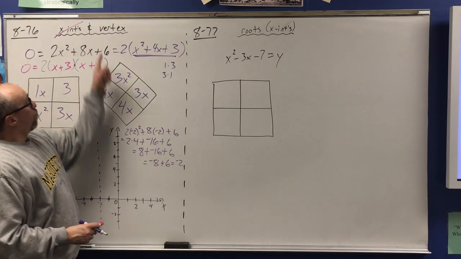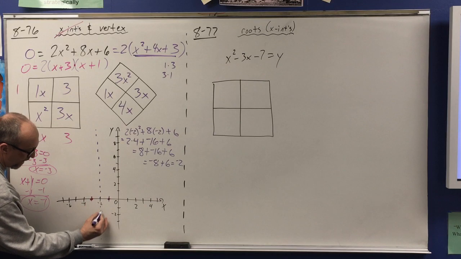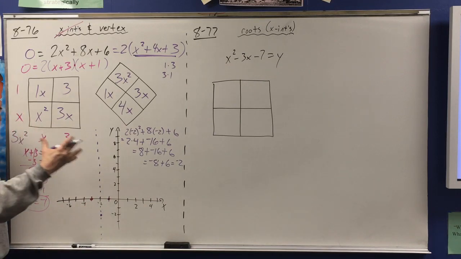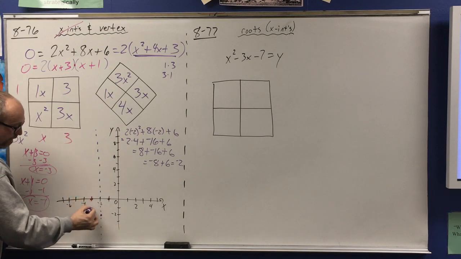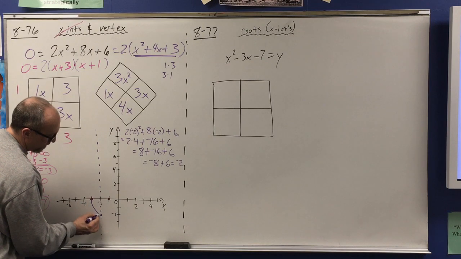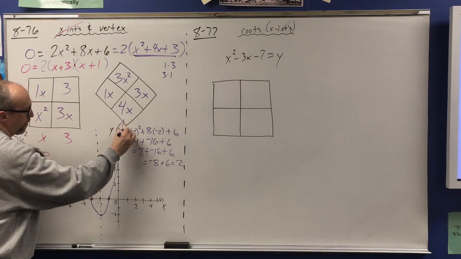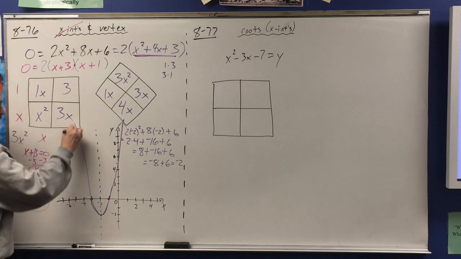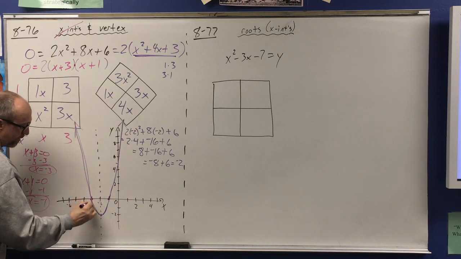Now I know where that vertex is. It's at -2, -2. So apparently my parabola must come down, stop here, and then go back up. And in fact, I can go ahead and sketch this graph with a whole lot of confidence. It's a sketch. It doesn't have to be perfect.